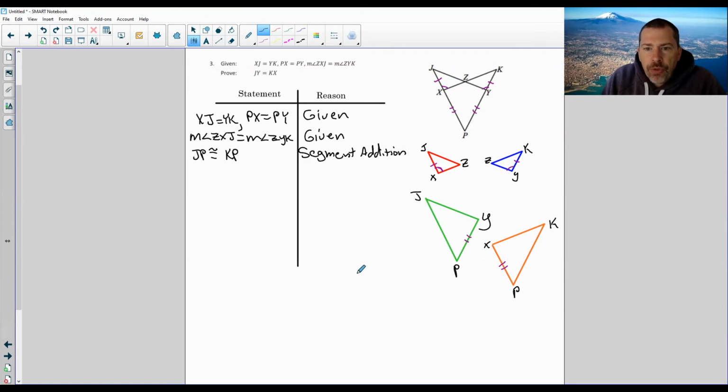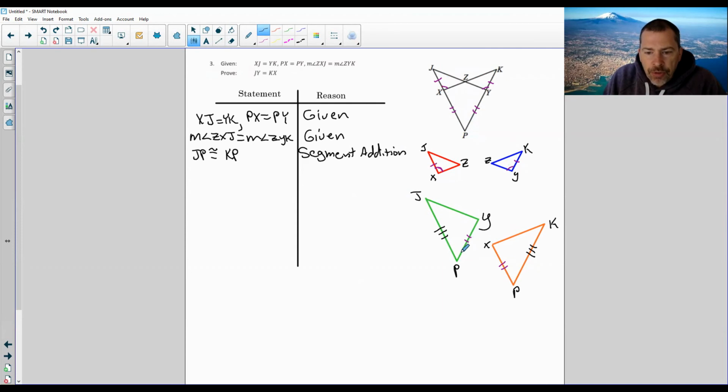Okay? So now I said JP is this side, congruent to KP. So in this triangle, I have angle, side so far. Remember, you need 3. And in this one, I have side, side.